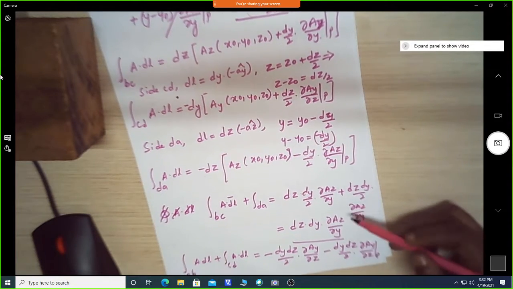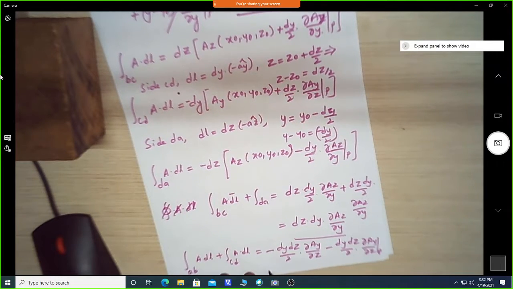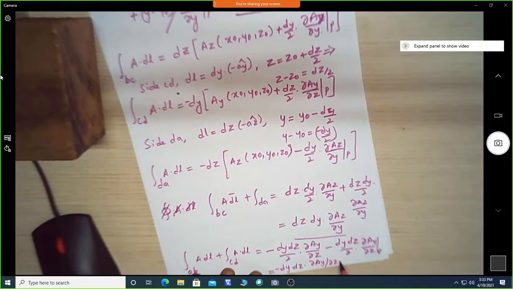So these are the two equations we get. Since both are minus, you will get minus dy dz into del Ay by del z.